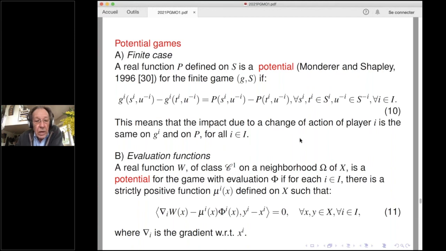In particular, if you have an evaluation function, remember that the evaluation function corresponds to the gradient.